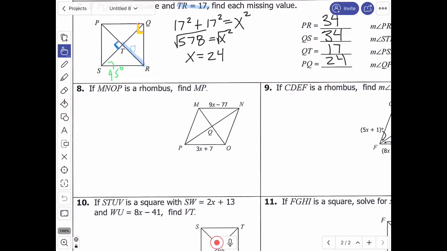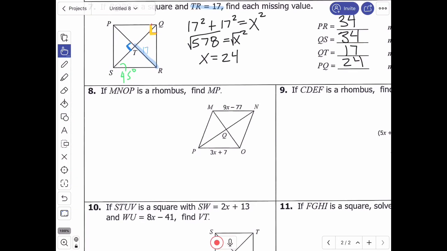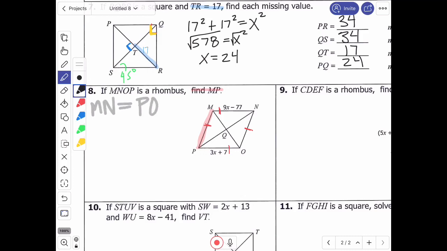So already I see in number 8 that I'm dealing with side lengths. I know that in a rhombus, all these sides are congruent. So I can say this and this are congruent, as well as here and here. And I want to find MP. Luckily MP is one of the outside sides. So knowing that I have MN and PO, MN and PO should be congruent to each other because they're both the outside sides that make up this rhombus.